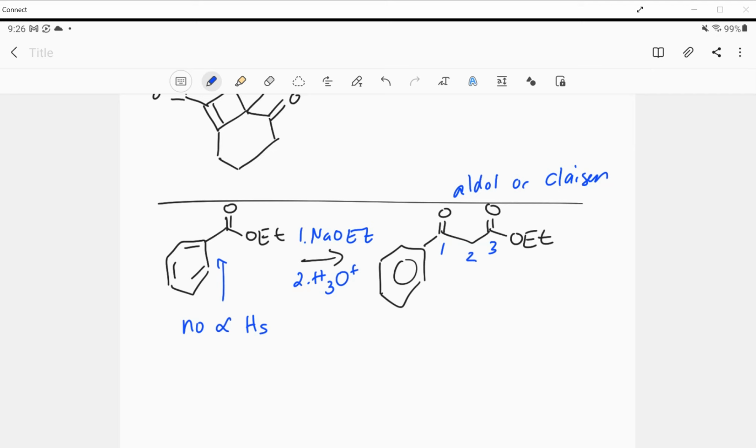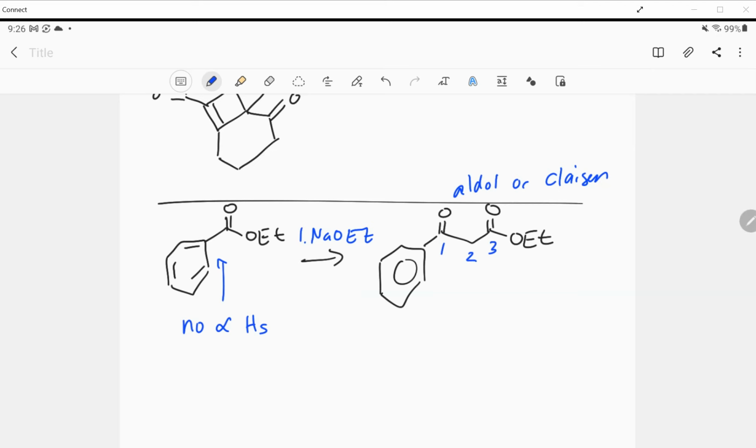So yes, you are definitely going to want to use the ethoxide as your base, absolutely. But we are missing part of our set of reagents here. And we're not going to actually need the acid for this one.